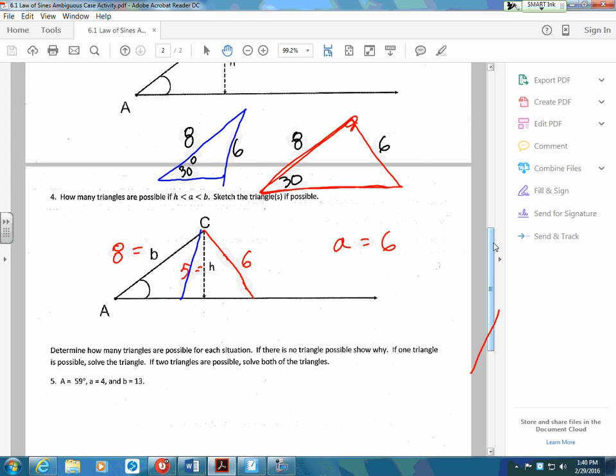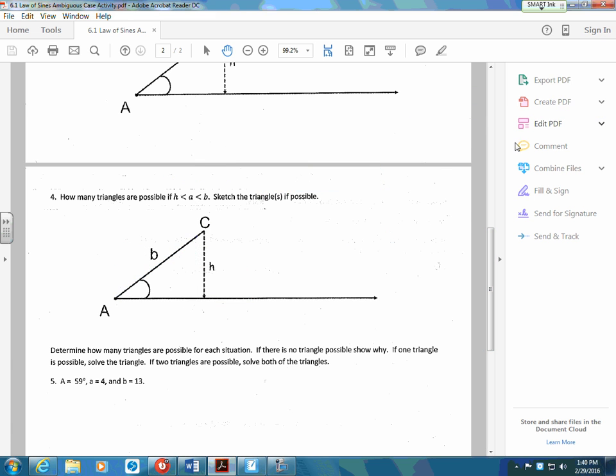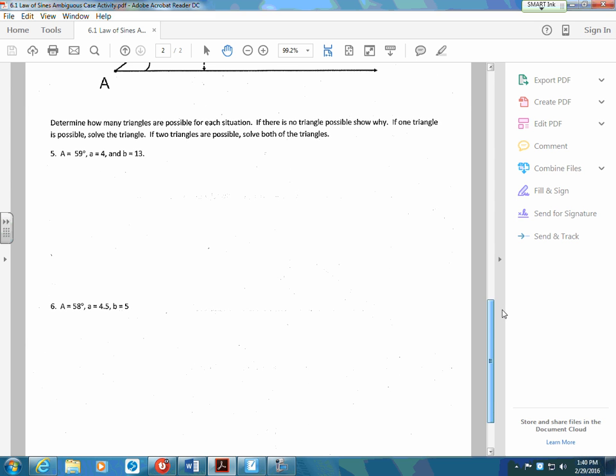Maybe we could have drawn this so it would probably look more like this, right? This versus this. But you get the idea how two different triangles are possible. Does that make sense? Okay, so with all of that good information, let's try 5 and 6.